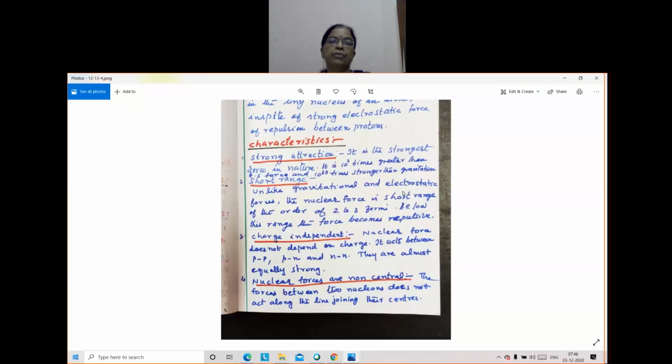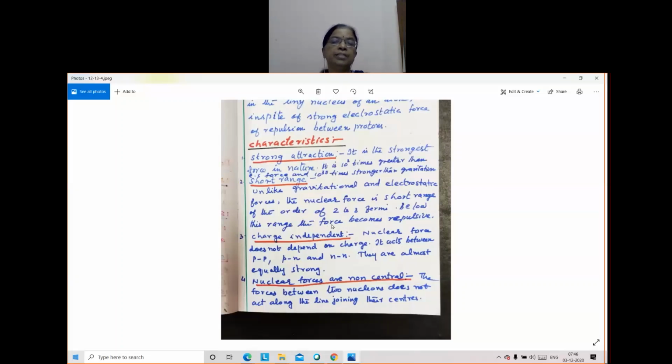Electrostatic force is also long range. But compared to these two, nuclear force is a very short range force. It is effective up to 2 to 3 Fermi. Fermi means 10⁻¹⁵ meter.